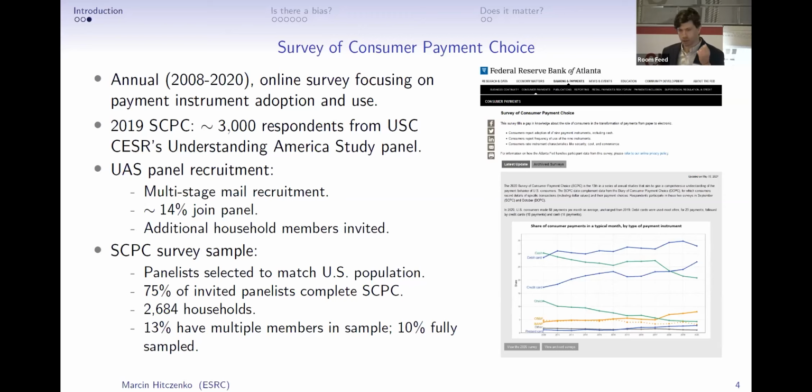The key feature I want to highlight about the UAS panel that lets this work happen is that additional household members are invited to join the panel. So in fact, for our SCPC survey, which had a little under 2,700 households, 13% of them had multiple members in the sample and 10% were fully sampled, meaning all adults participated and took the survey.